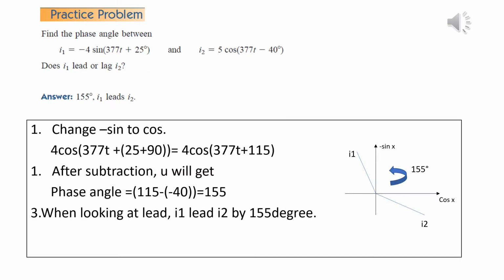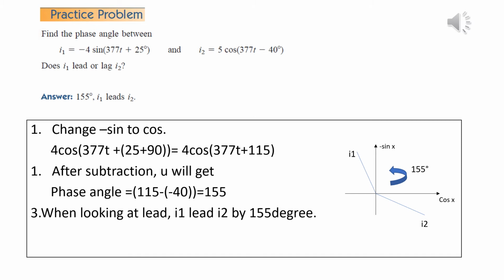Problem: find the phase angle between I1 and I2. We can notice that I1 is in negative sine form, so we have to change it into cos form by adding 90 degrees. We get the result 4 cos 377t plus 150 degrees.